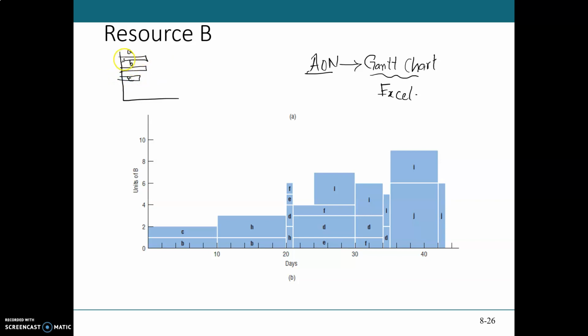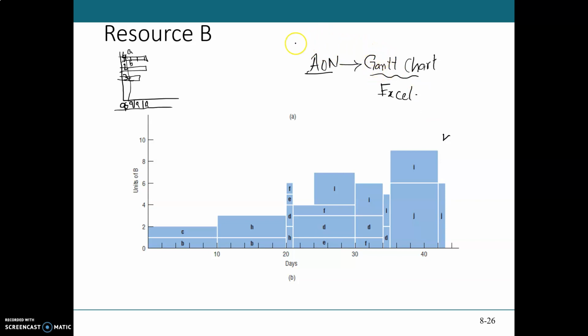For each bar you can also represent the number of resources in those activities. For example, A has maybe 4, B has 2, C has 3. So you can add up those numbers to come up with the resource needs on each day. Then the same profile you can draw in this form, so you can get the same results even from the activity on node diagram.